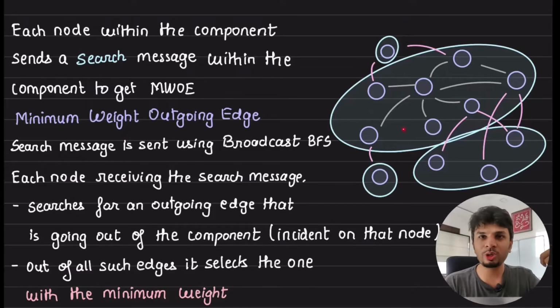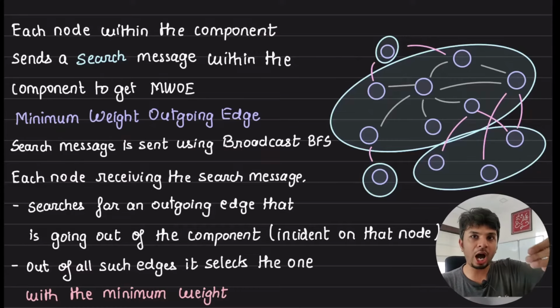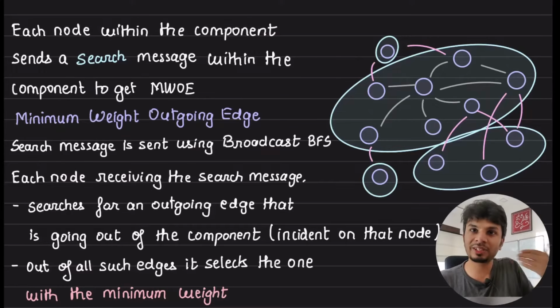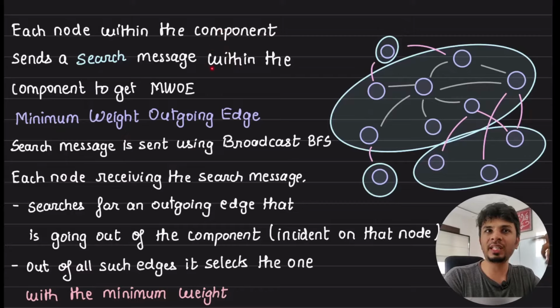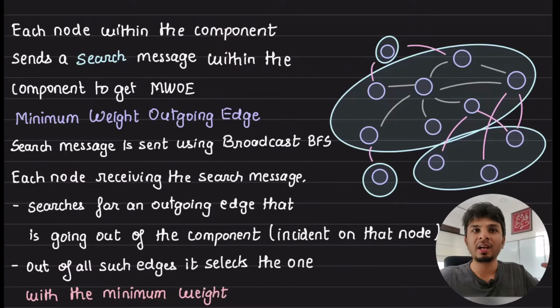So none of the nodes in my component know which edges go out of that component. That is the first step that we would do. So each node within the component sends a search message within the component to get the MWOE. MWOE stands for minimum weight outgoing edge. It's a big word, that's why MWOE, right?